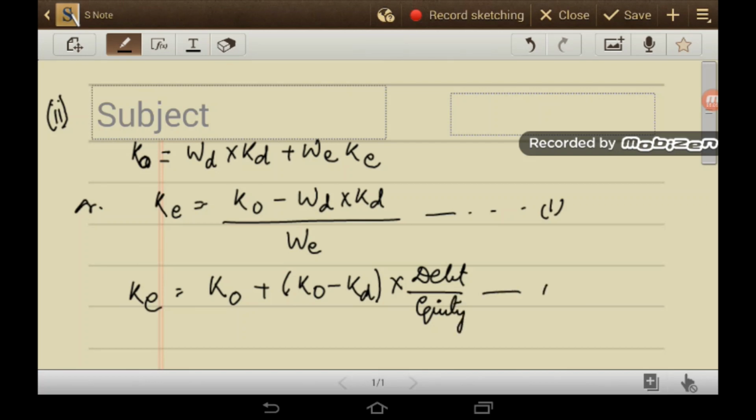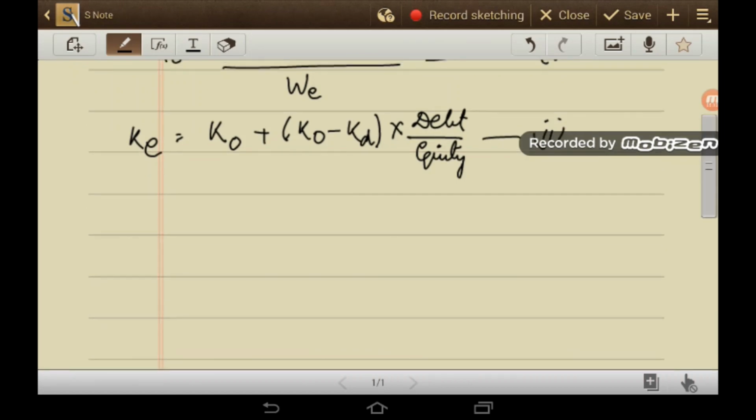So this is the other way to calculate the cost of equity. Now, what is the cost of capital? In hypothesis, the diagrammatic representation is like this. So this is the debt equity ratio.